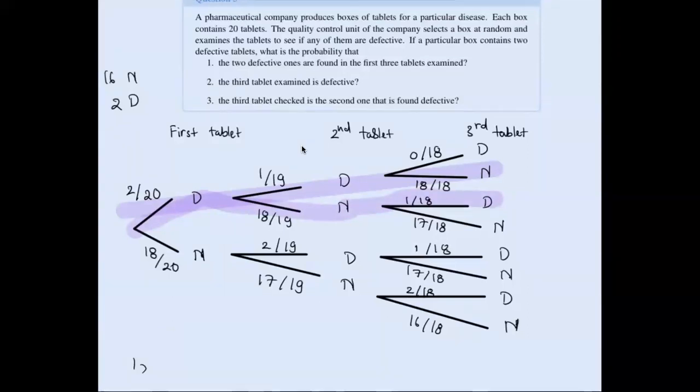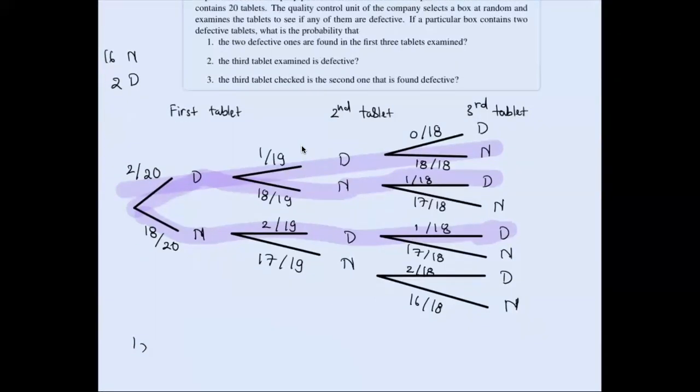The third path would be non-defective, defective, and defective. If you look at any other path, you will see that they do not have 2 defectives. So those are the paths that we are interested in calculating the probability for.